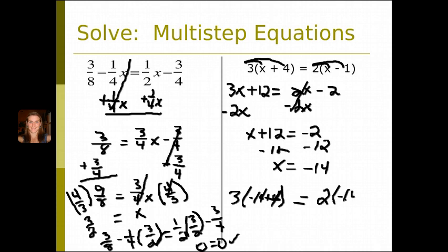Negative 14 plus 4 gives us 3 times negative 10. And negative 14 minus 1 gives us 2 times negative 15.